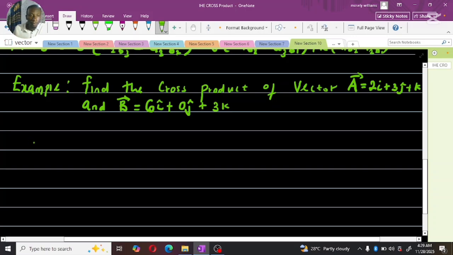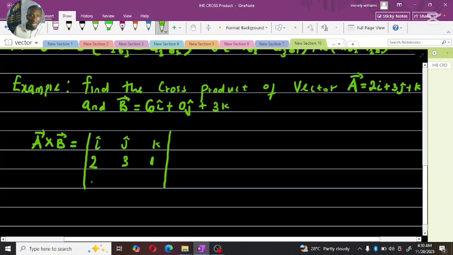So we have A cross B will be equal to, so we have our unit vector here, I, J, and K. Very good. So our A component will be what? 2, 3, and 1.